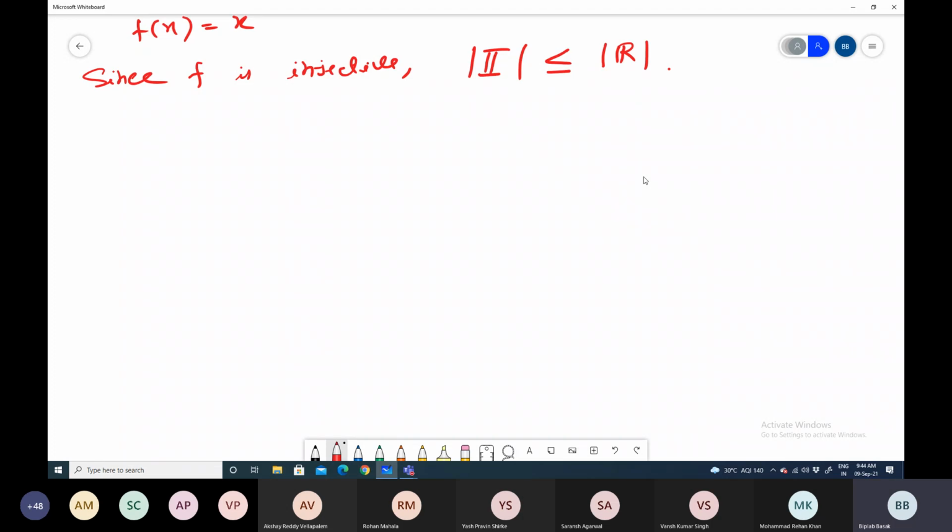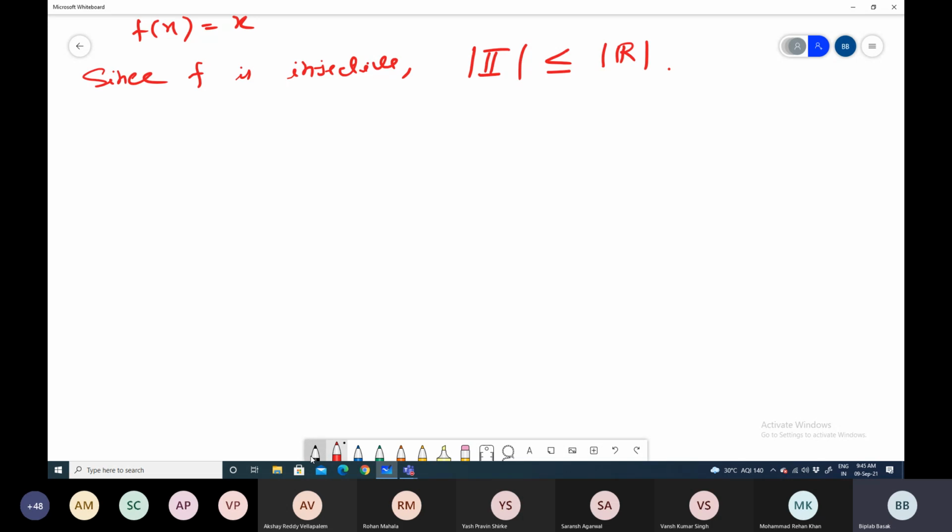Remember, during your logic proof, one proof is constructive and another one is non-constructive proof. Today here we will give a non-constructive proof. That means we are not giving one particular example, but we will see the existence of such a bijection.